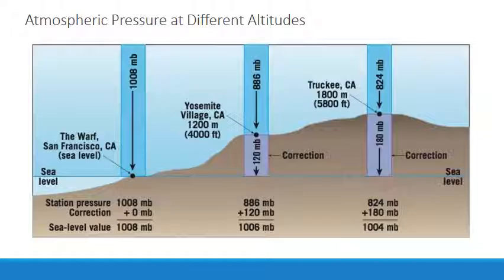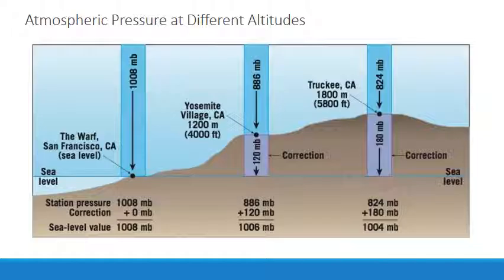So a slightly lower pressure. This is what's recorded on the weather map, for the sea level pressure level. Truckee, California, the same process. If I cross the last 0 off of 1,800 meters, I'm left with 180 millibars that I need to add to the station reading.